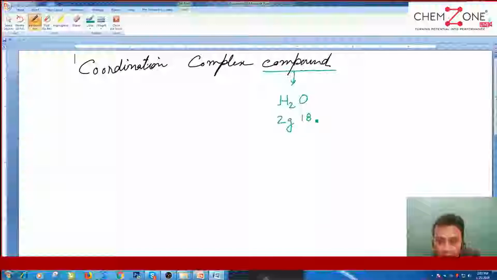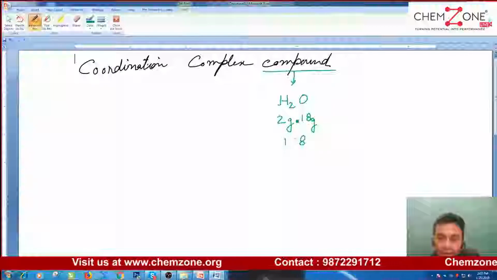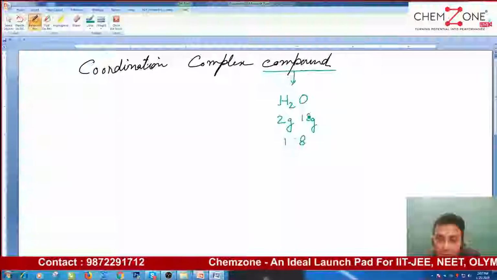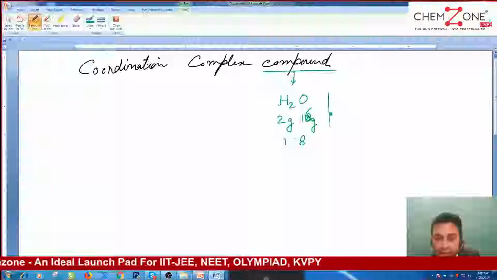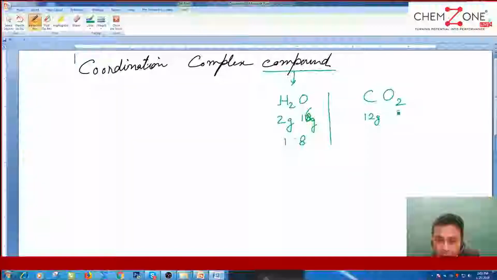Right, this is a more appropriate definition. I have shown here the water molecule. It is 2 grams of hydrogen and 16 grams of oxygen, so it is 1:8, a definite composition. Suppose I say carbon dioxide, then it is 12 grams of carbon and 32 grams of oxygen.